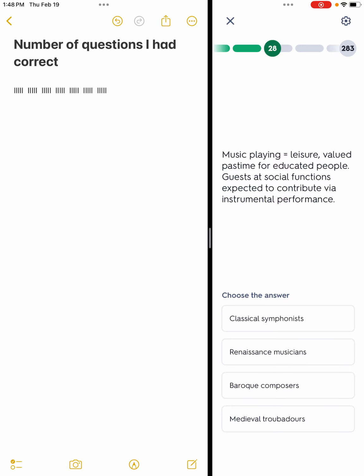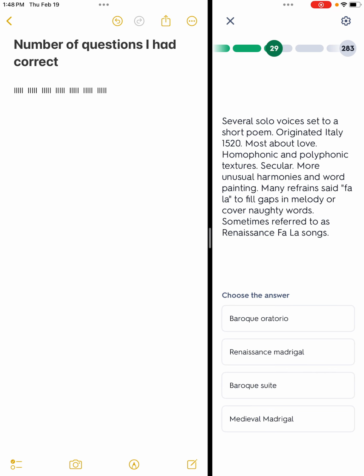Wait, the music playing is leisure for pastime, for the educated. Renaissance.